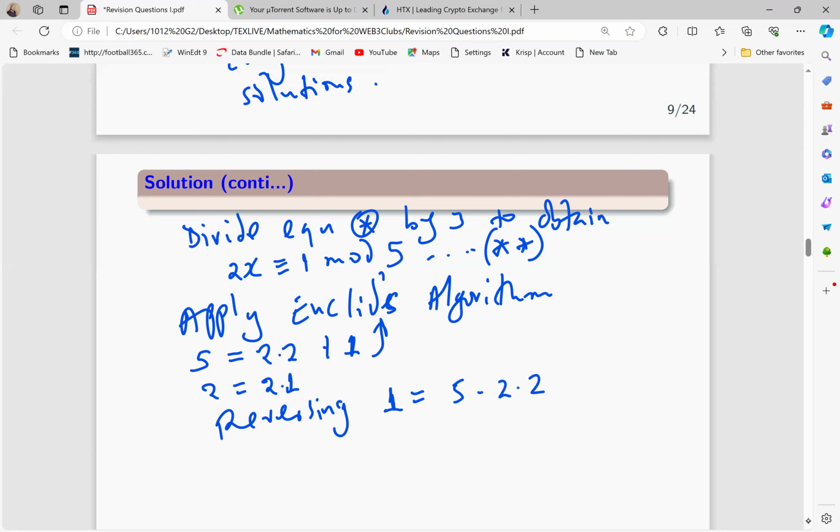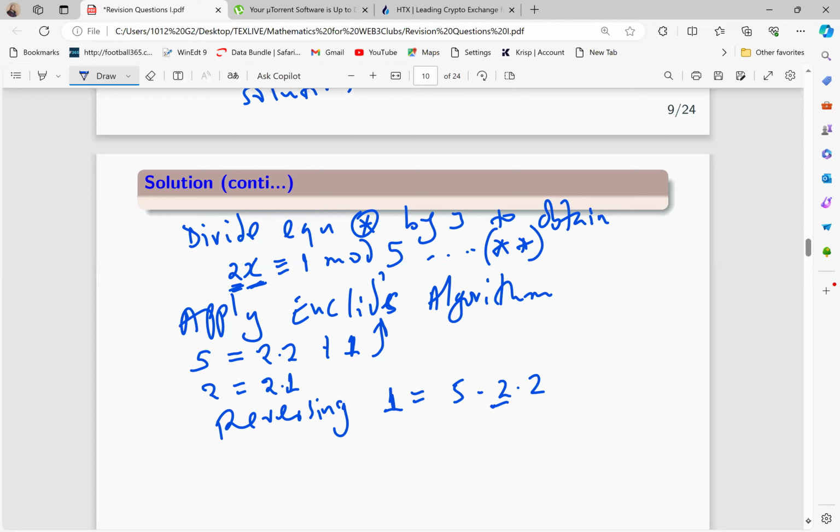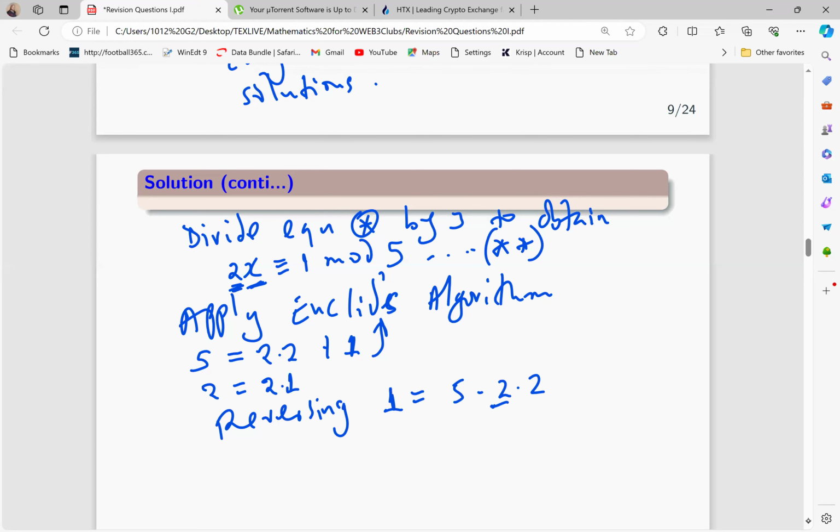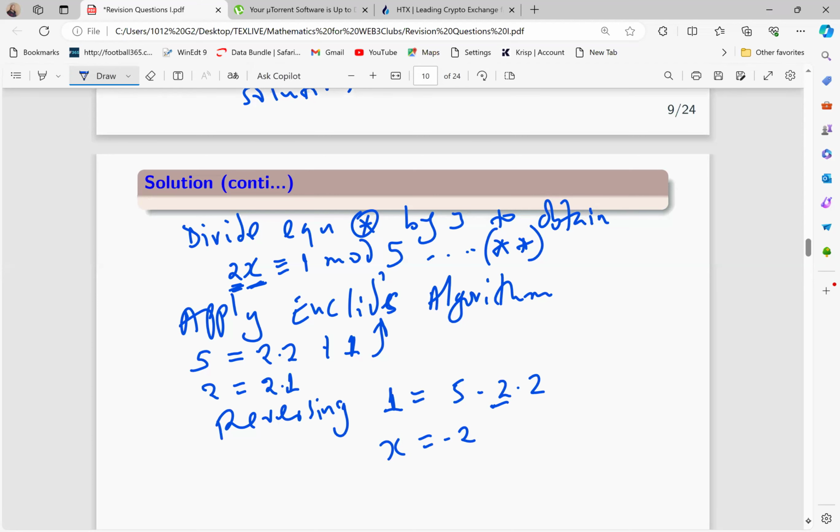What this equation is saying is that the number x, which multiplied by 2 gives you 1, is negative 2. This equation is telling me that x is negative 2 mod 5.